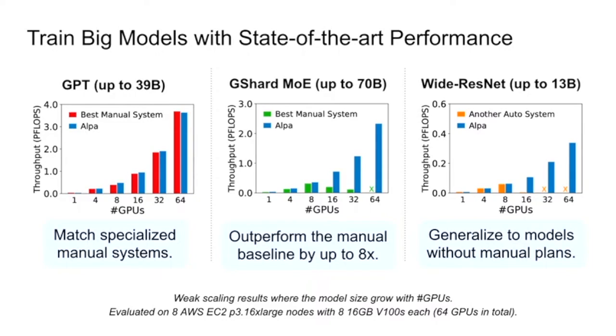On the second model, the very famous Google's GShard MoE, Alpa is up to 10 times faster than Microsoft's DeepSpeed. And on the third setup, which is a very big computer vision model, no existing system can support it well, but Alpa can generalize to these models without redoing your entire system stack.